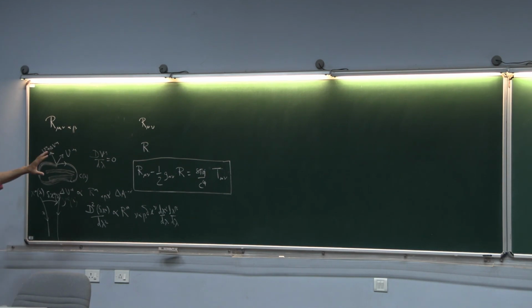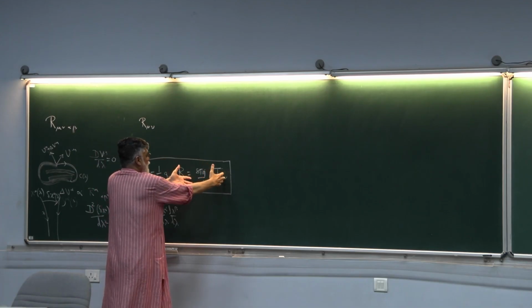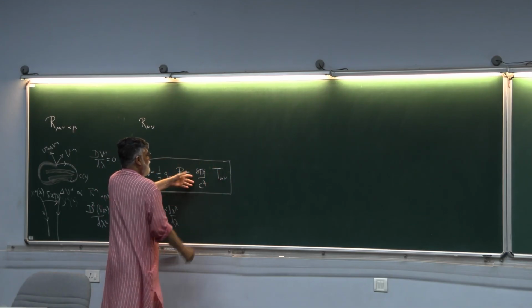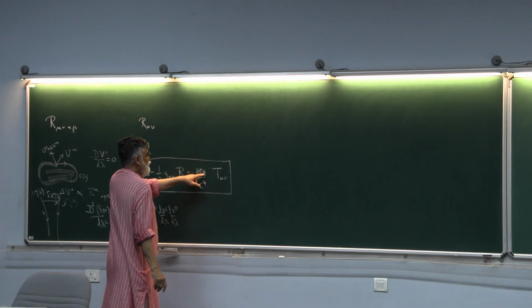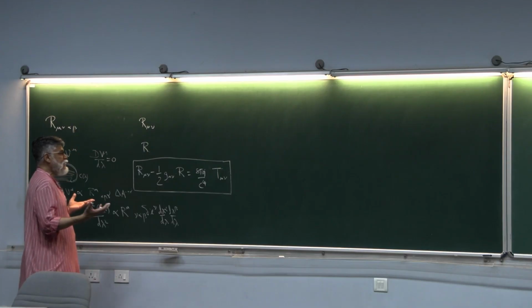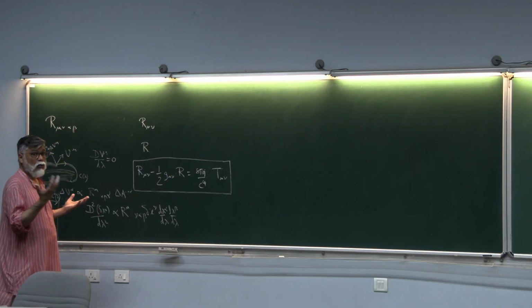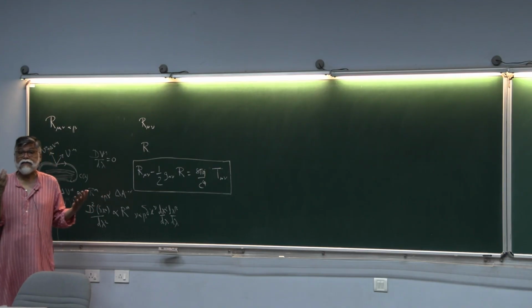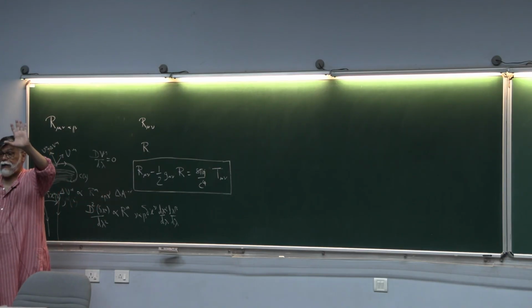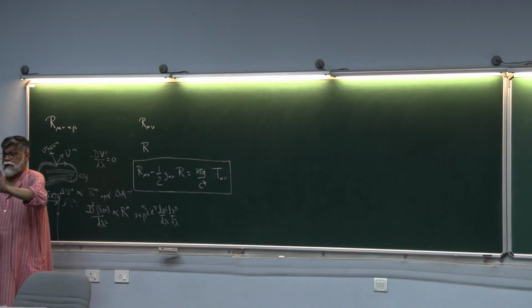So the left hand side is geometry, the right hand side is matter along with the physically significant Newton's gravitational constant and the speed of zero rest mass particle. This tells you that we are talking about a relativistic theory of gravity, because capital G is appearing, so it's a gravitational theory, and c is appearing, so it's relativistic.